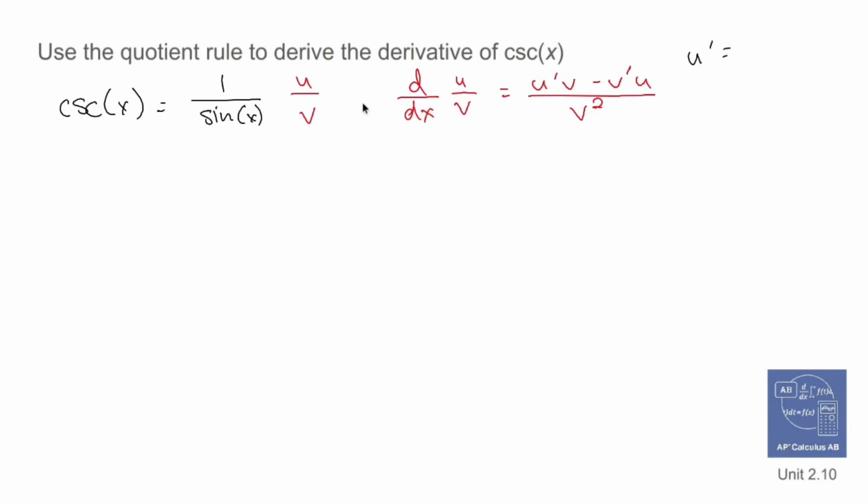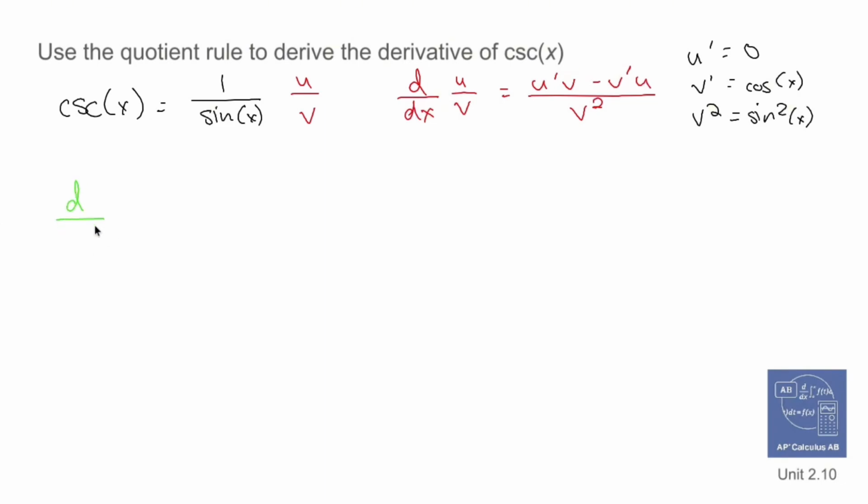So let's find out what u prime, v prime, and v squared are. U prime is going to be the derivative of 1, which is 0. V prime is going to be the derivative of sine, which is regular cosine. And then v squared is going to be sine squared. So let's put it all together. All right.